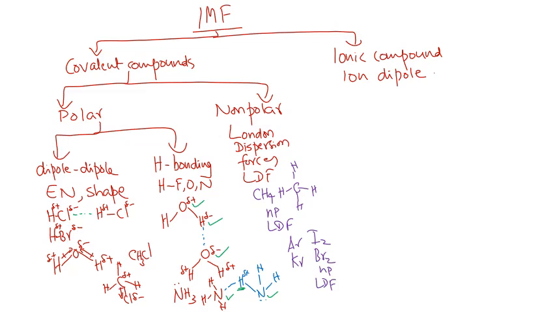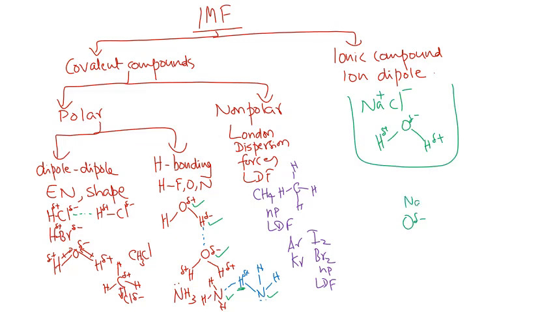And for the ion-dipole, what happens is when you dissolve sodium chloride in water, we already know water has a dipole, and sodium chloride also is polar because sodium is positively charged and chloride ion will have a negative charge. So what happens when you dissolve that one in water? Oxygen, which is negatively charged, will be surrounded by positively charged sodium ions.